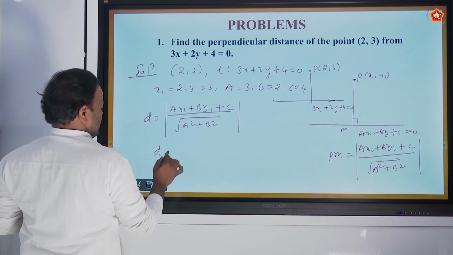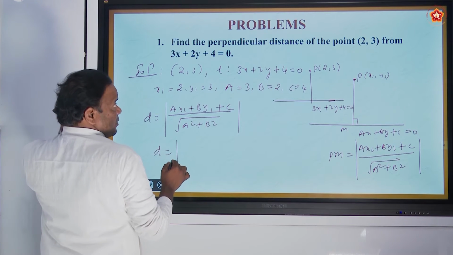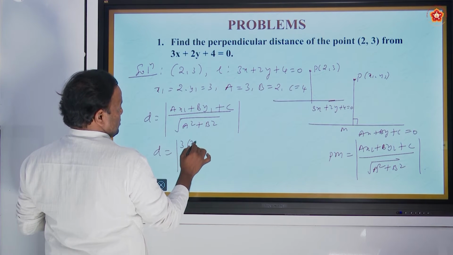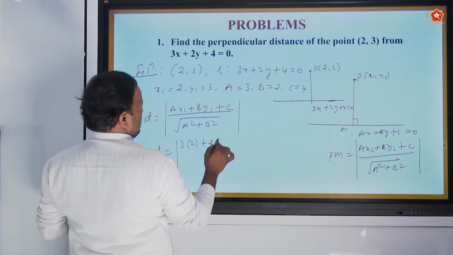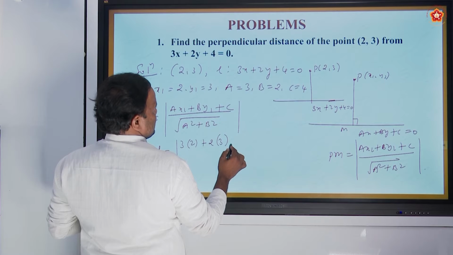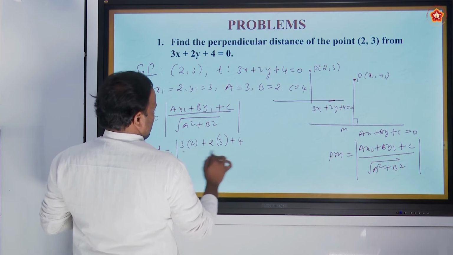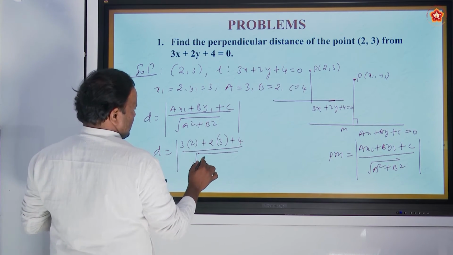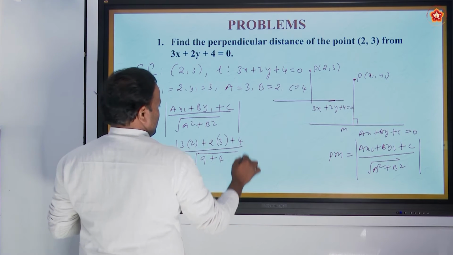Substitute the values. D equal to mod of, what is a? a is nothing but 3, x1 is nothing but 2, plus b is nothing but 2, y1 is nothing but 3, plus c is nothing but 4, whole divided by root of a square plus b square, means 3 square is 9 plus 4.